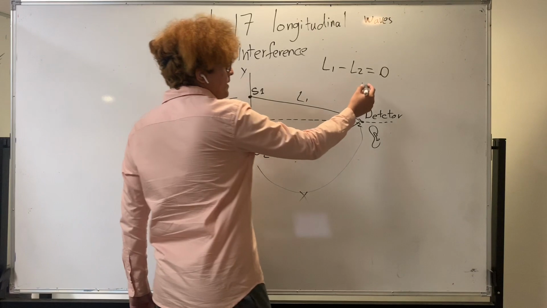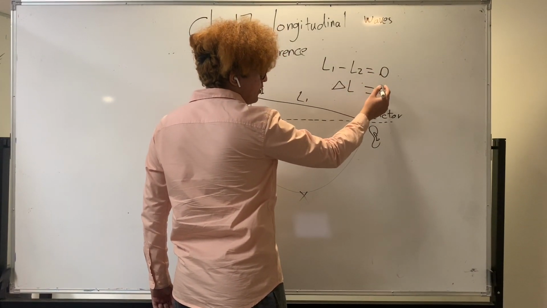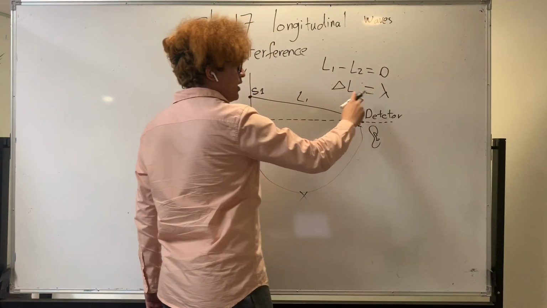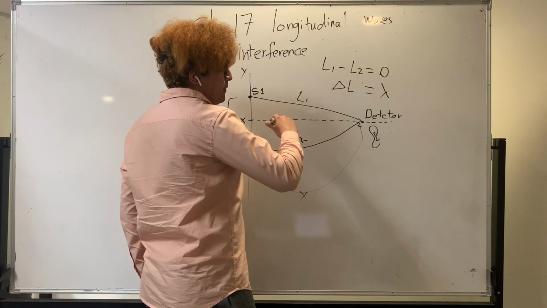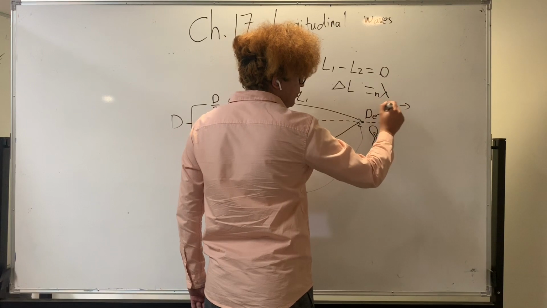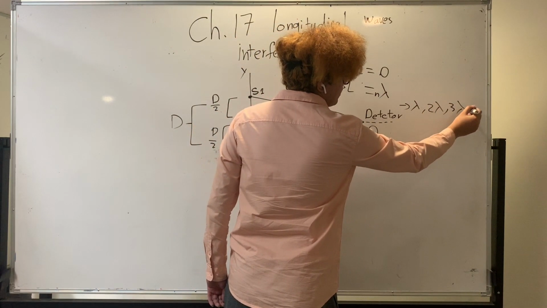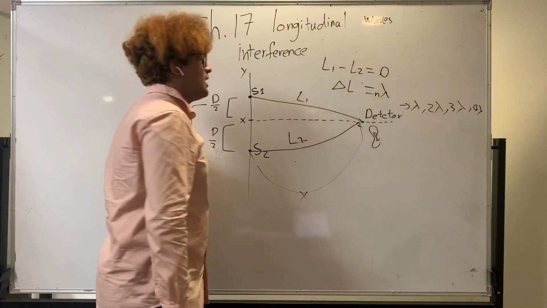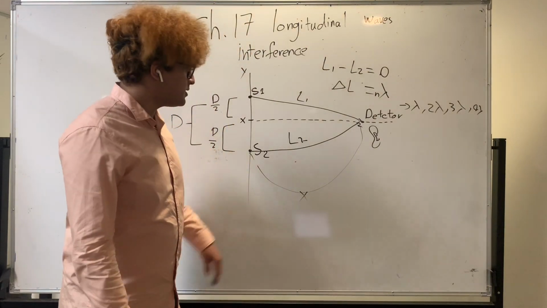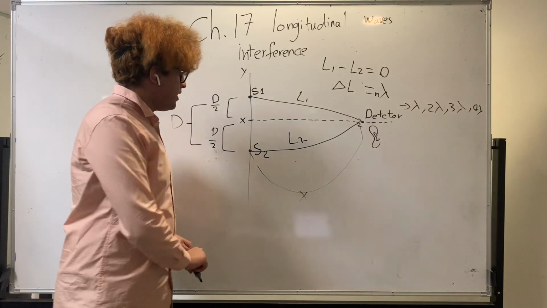And if the change in distance is equal to 0 or any multiple of lambda, like if it's lambda, then we also have constructive interference. So we could multiply by n: we're going to have lambda, 2 lambda, 3 lambda, 4 lambda, etc. 0 and any multiple of lambda is going to give you constructive interference.